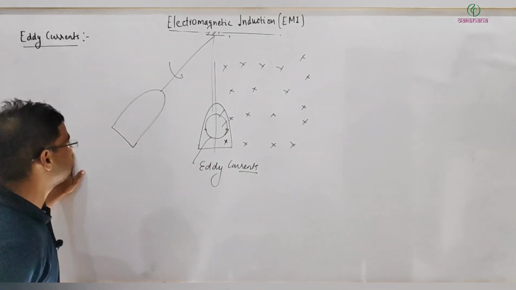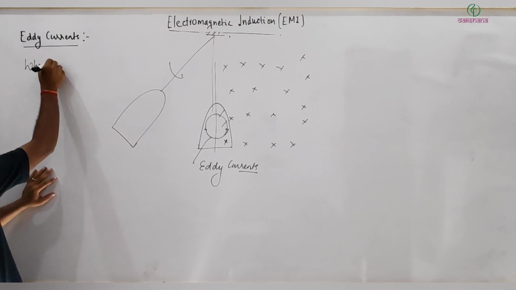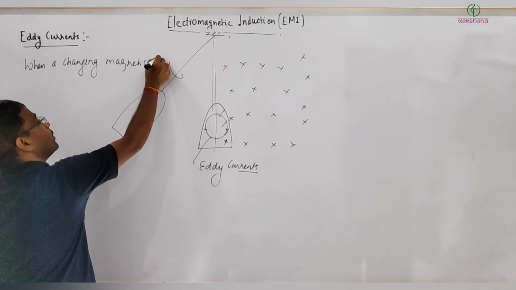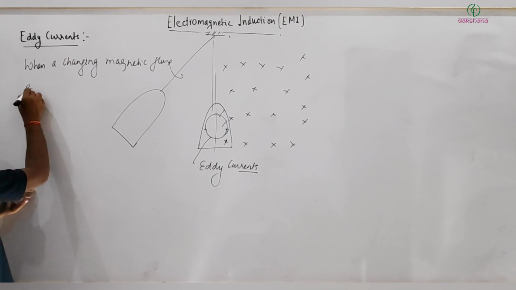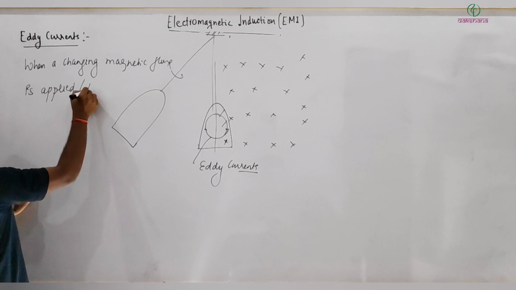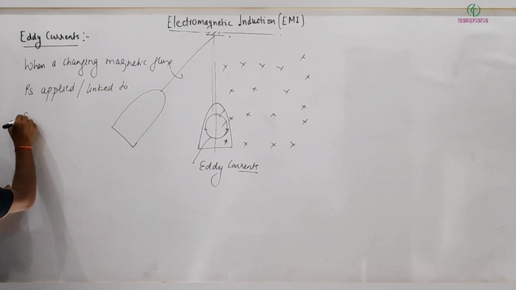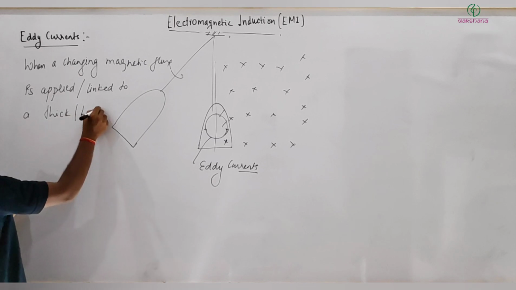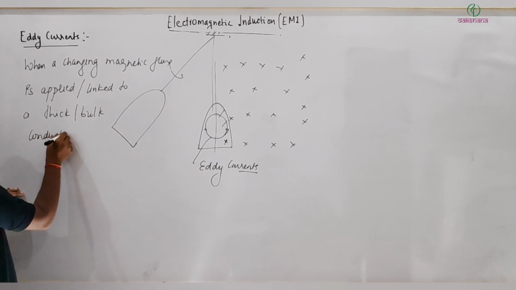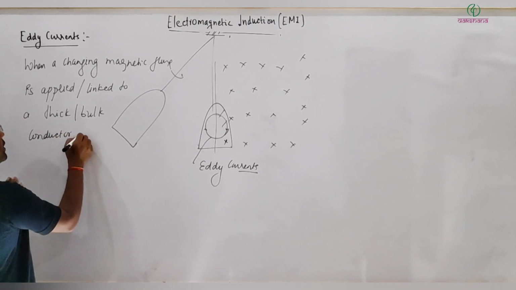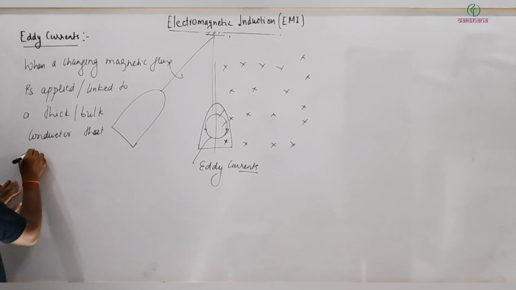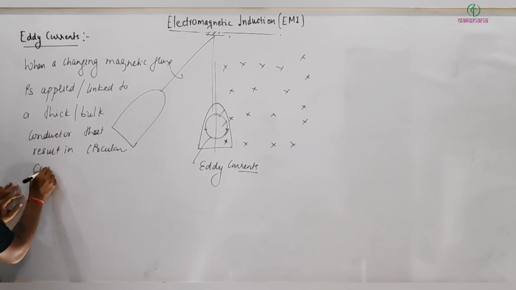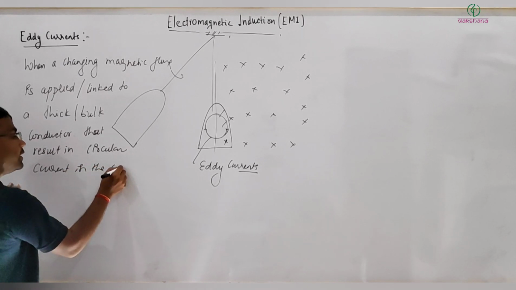So I can define eddy current here: when a changing magnetic flux is applied or linked to a thick or bulk conductor material, that results in circular currents in the conductor.